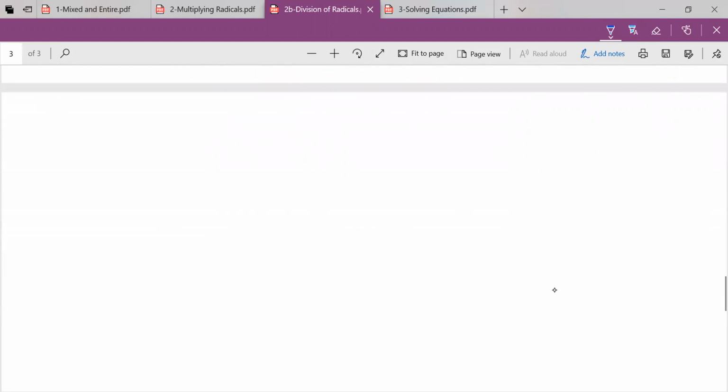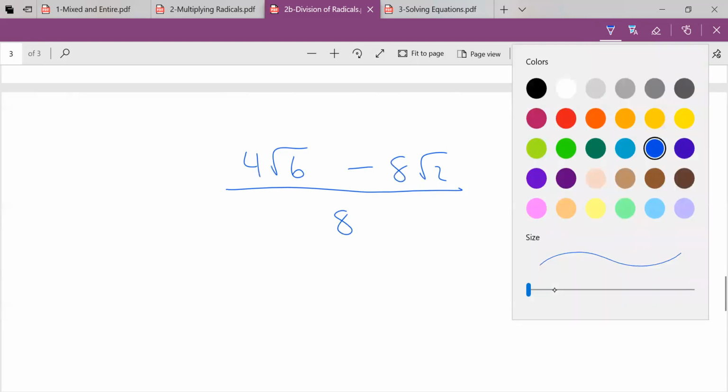Now, I just want to show you one more thing here. So say you did a question and you had rationalized, and you were left with something like this. So 4 root 6 minus 8 root 2 over 8. I want you to simplify this further. This isn't completely simplified. What you're going to do is you're going to say, can I simplify this?